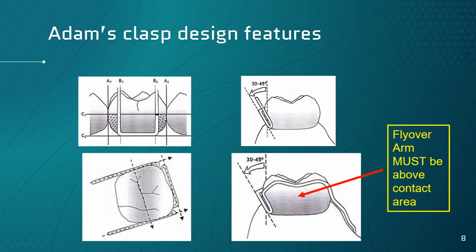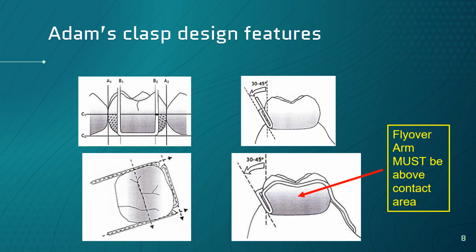Some of the design features to take note of: the length of the bridge should be approximately the distance between the mesial and distal buccal cusps. The flyover arms must be roughly parallel, and the bridge must be roughly parallel to the buccal surface of the tooth.